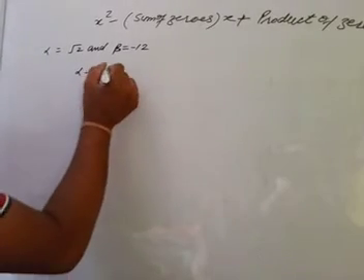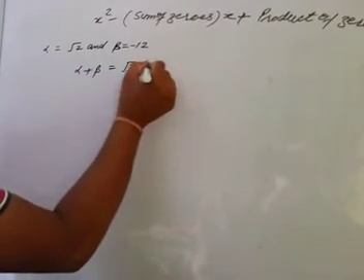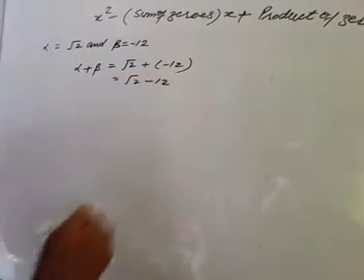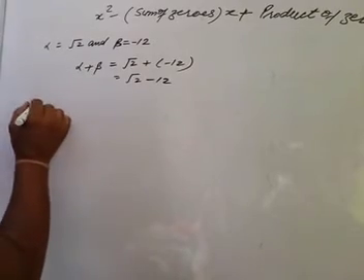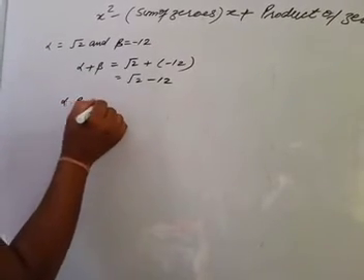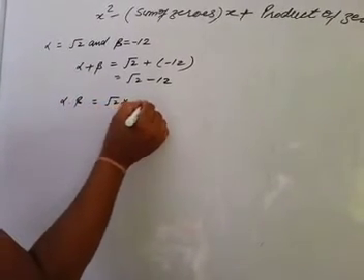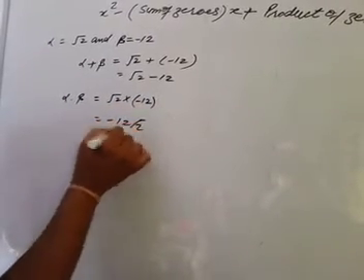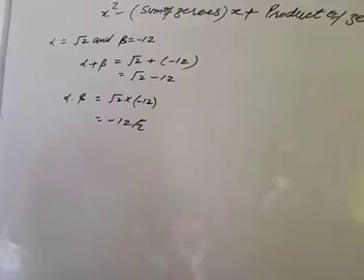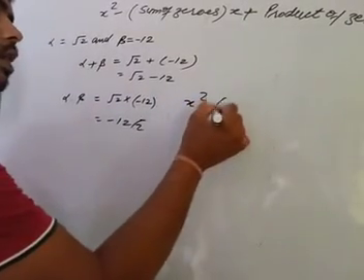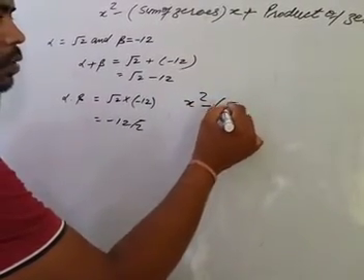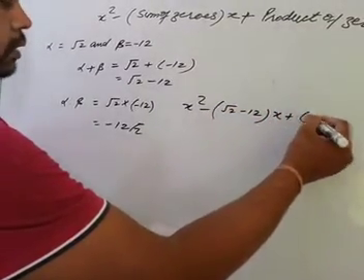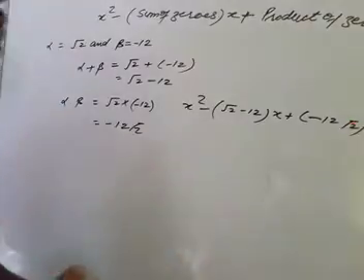So alpha plus beta will be root 2 plus minus 12. This will be root 2 minus 12. This will be the sum. And the product alpha into beta will be root 2 into minus 12, meaning minus 12 root 2 is the product. The polynomial will be x square minus sum, root 2 minus 12, into x plus product, that is minus 12 root 2.